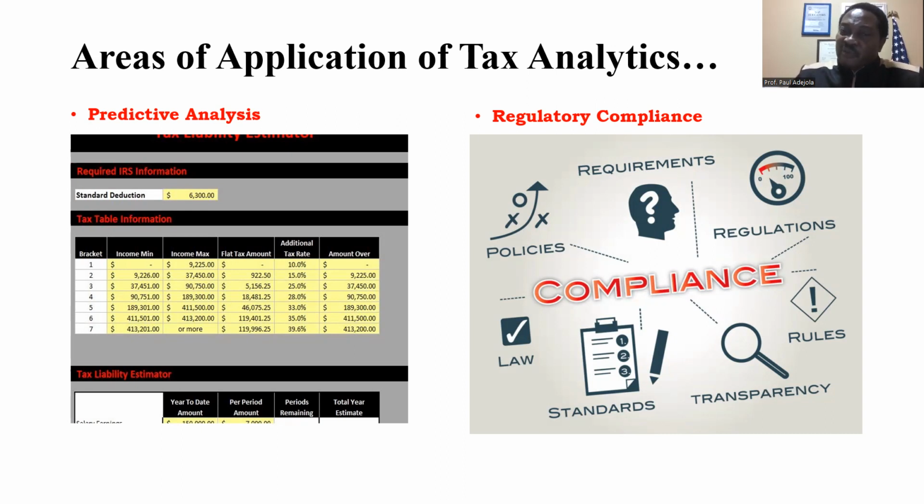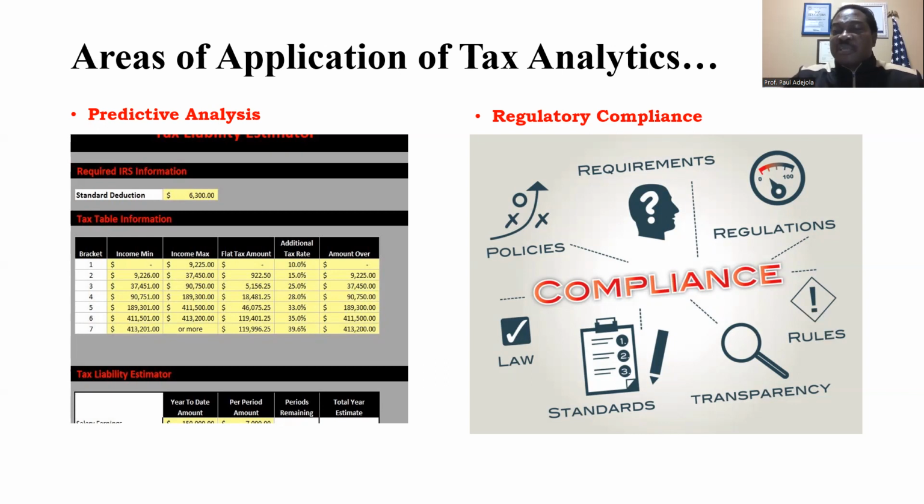When you have your relevant financial data and you have extracted the part relevant for purposes of taxation, it will help you to comply with whatever policies, requirements, regulations, laws, standards, and rules that have been put in place by the IRS, if it is in the United States, or the Federal Inland Revenue Service, if it's my country, Nigeria.